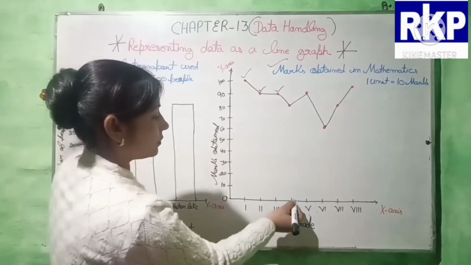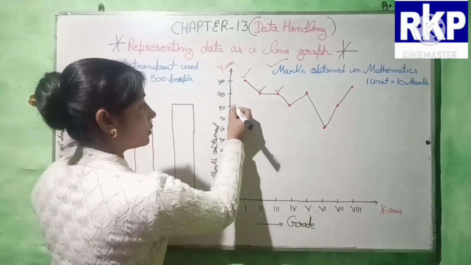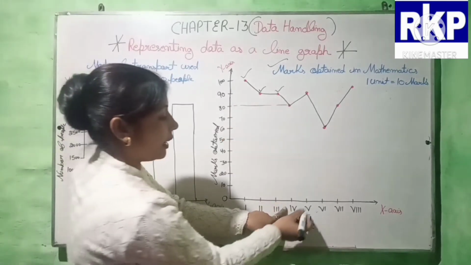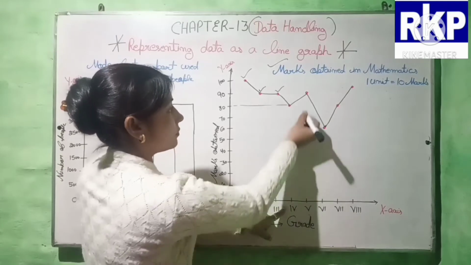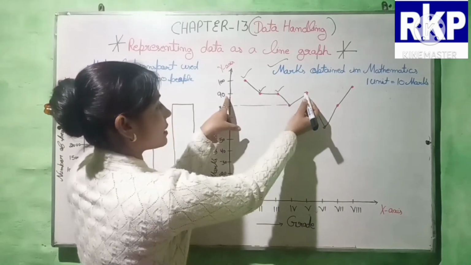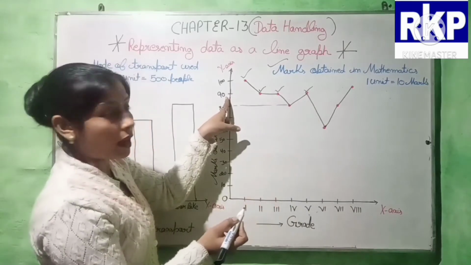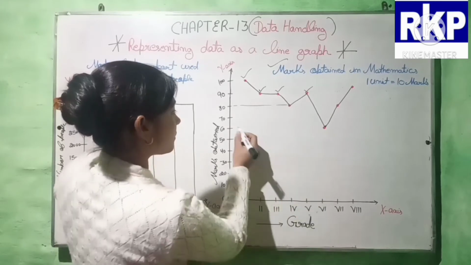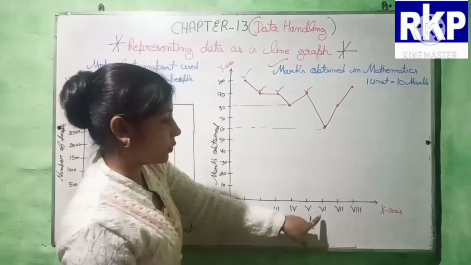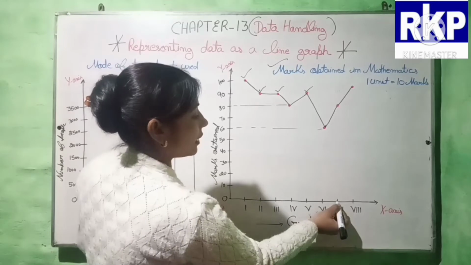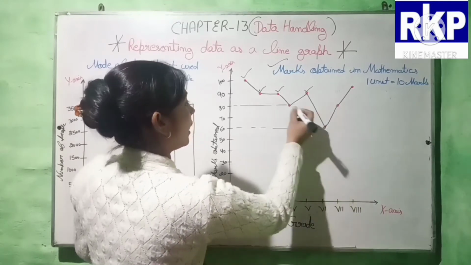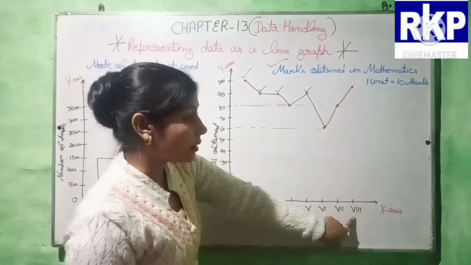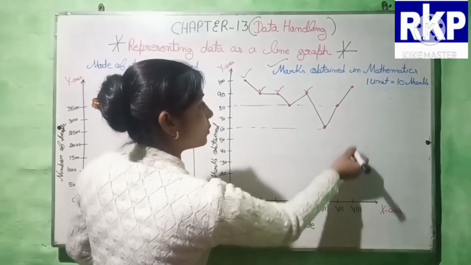In fourth, here you can see, 80 marks are obtained, and in fifth grade how many marks? Yes, 90 marks are obtained, and in sixth here 60 marks are obtained, and in seventh grade here you can see 80 marks, and in eighth grade how many marks are obtained?